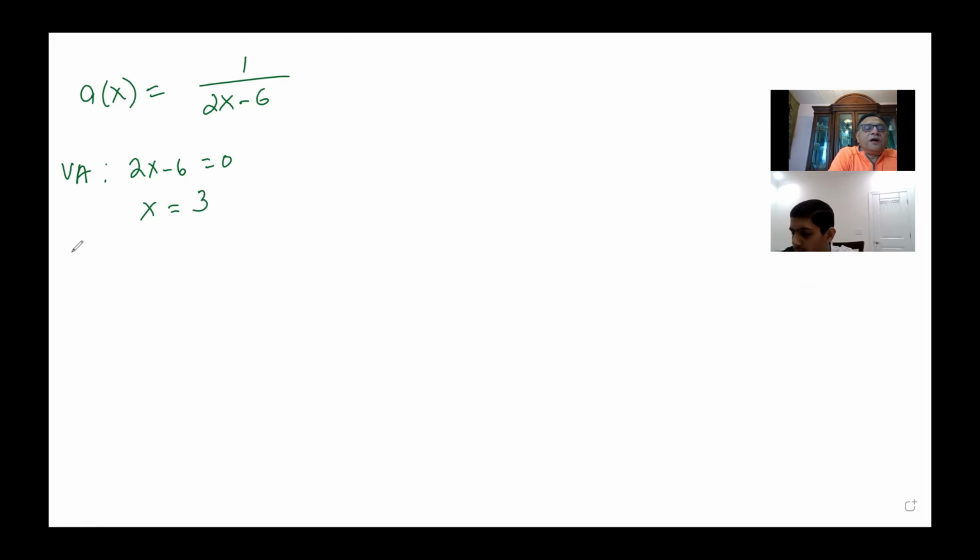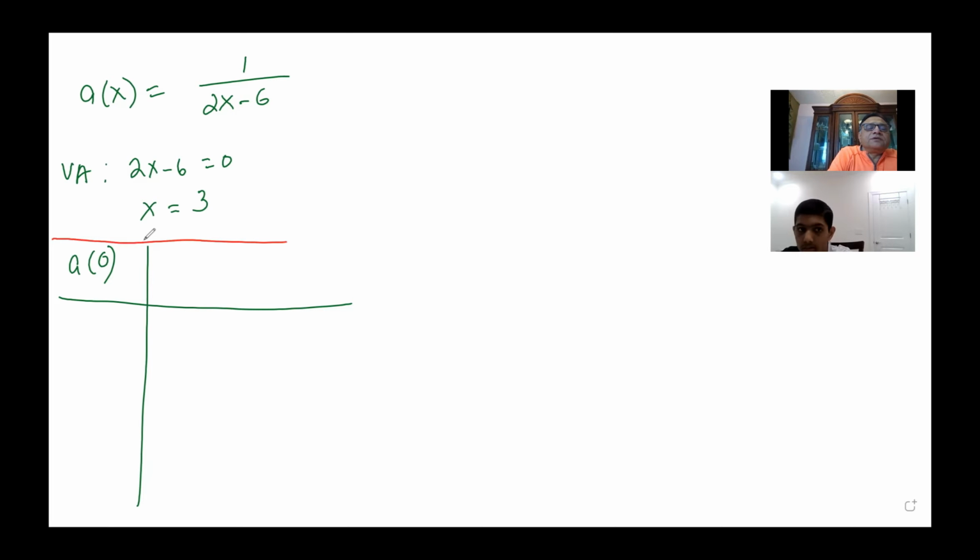Then we found the value of the function when x is 0. Let me make a table: for different x values, I'm trying to find what a of x is. For x equals 0, I got minus 1 over 6, and that is my y-intercept.